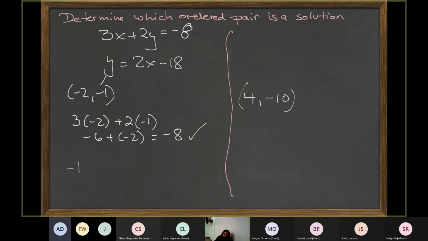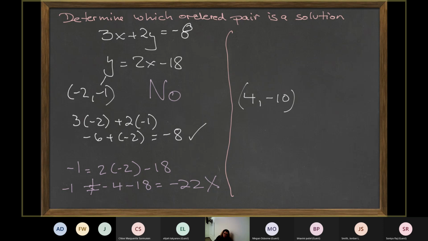So -1 equals 2 times -2 minus 18. I don't even have to do the arithmetic, but I know that -4 minus 18 is -22, which is not -1. So this one is a no. If one of them is a no, the answer for both of them is no. So (-2, -1) is not where they intersect. So that's a no.